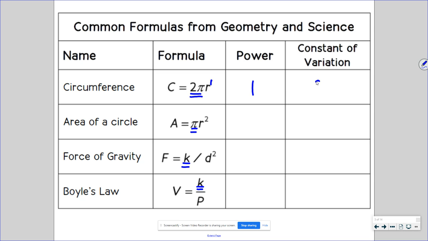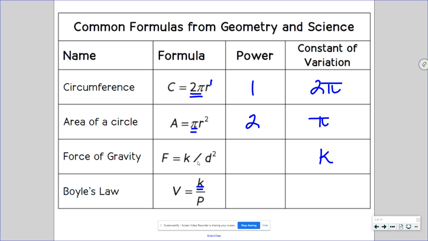The constant of variation is the numerical value tied to your letter, or also known as a coefficient. For the area of a circle, the power for that is 2, and the constant of variation is pi. In your force of gravity formula, k is your constant of variation, and the power in this case appears to be 2.